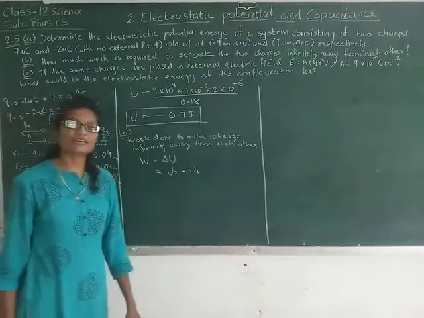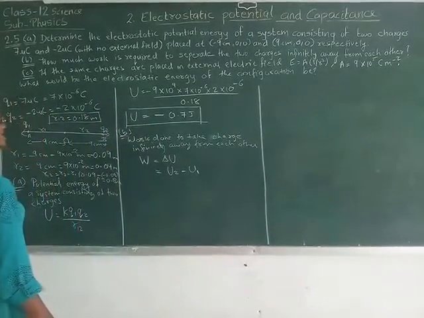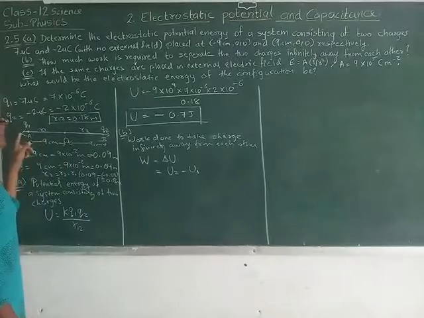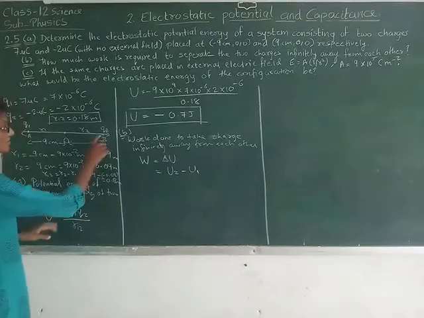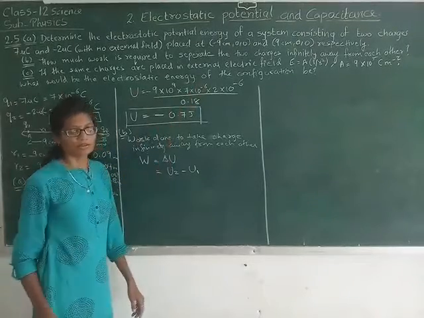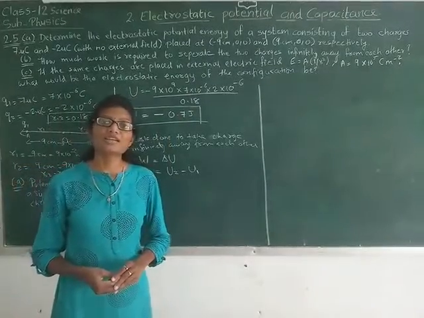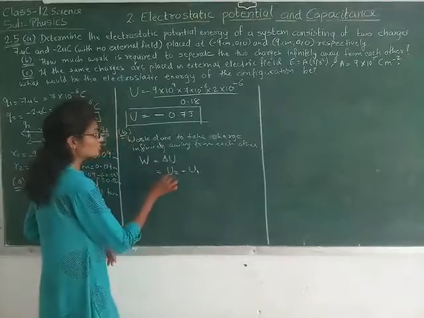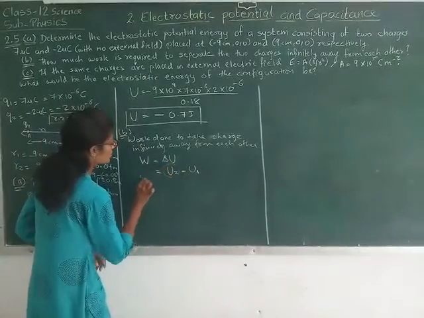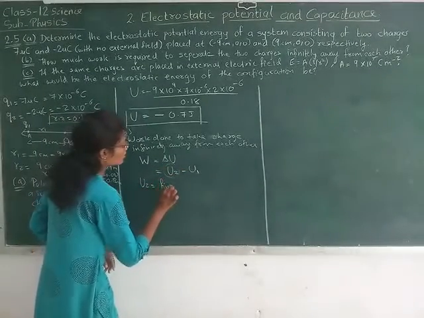That is the potential energy difference. Now here let us consider that you are taking one of the charges infinitely away, at the infinite distance. Over there the potential energy will be 0.